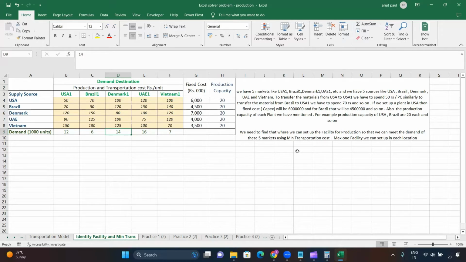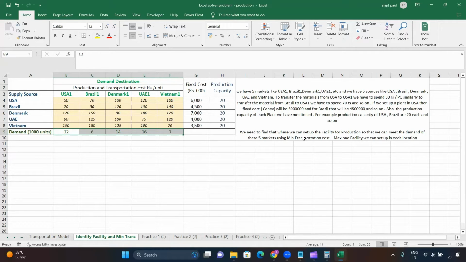So we have to decide where we can set up our plant or facility from these 5 sources so that we can cater or fulfill the demand of these 5 markets, but keep our transportation cost at a minimum.